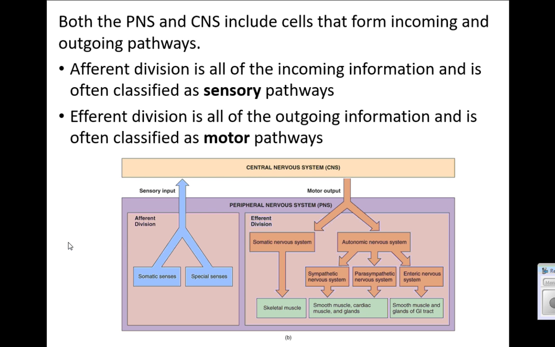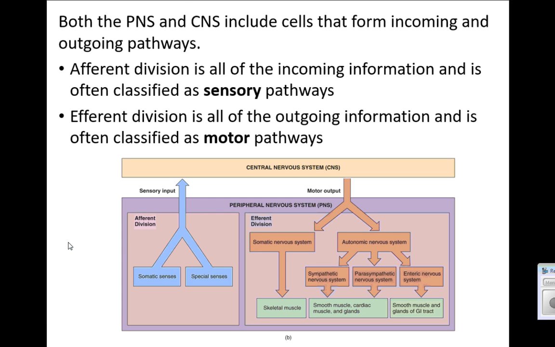Both the PNS and the CNS include cells that form incoming and outgoing pathways. We've already seen these 4 words: afferent, sensory, motor, efferent. Those were all described with regard to neurons performing those various nervous system functions.